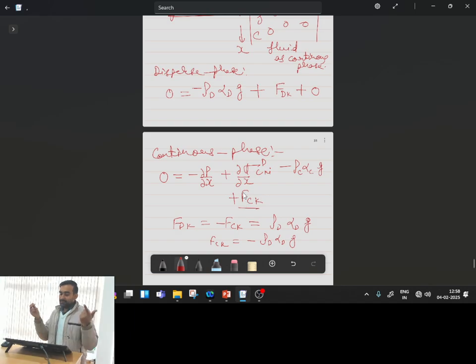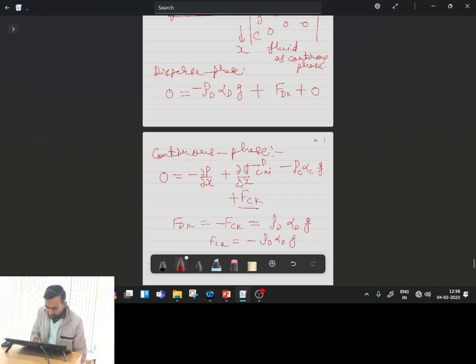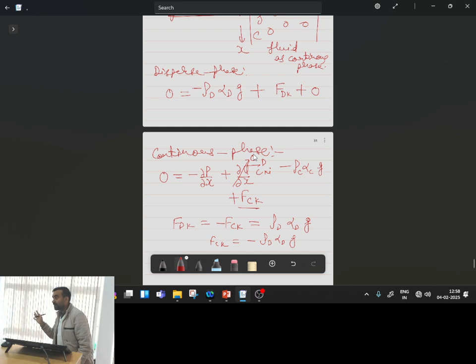If my fluid is stagnant, will it have any deviatoric stress? Deviatoric stress only comes when there is shear strain, fluid motion. So deviatoric stress will be 0. Is everyone understanding this point?